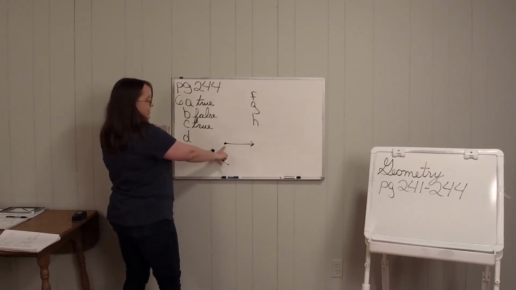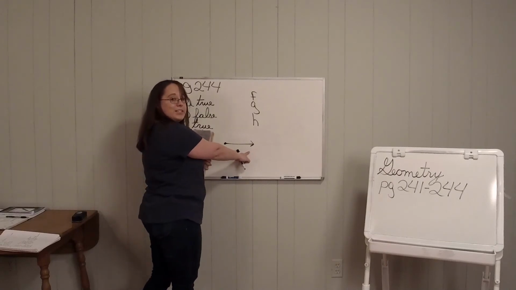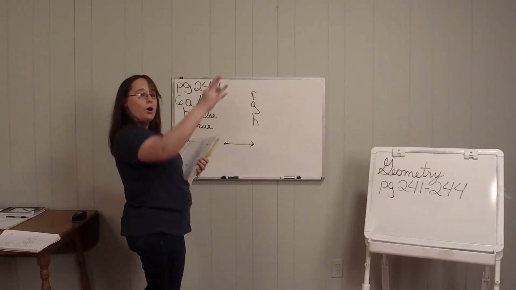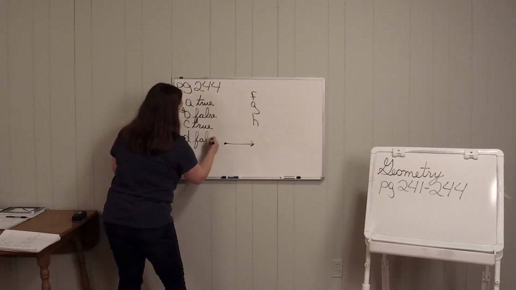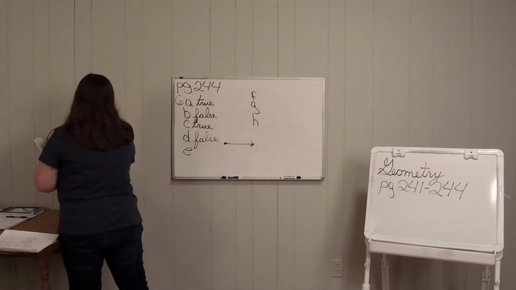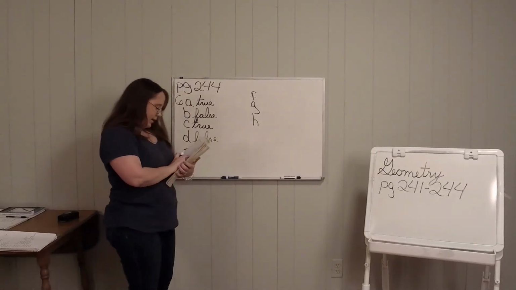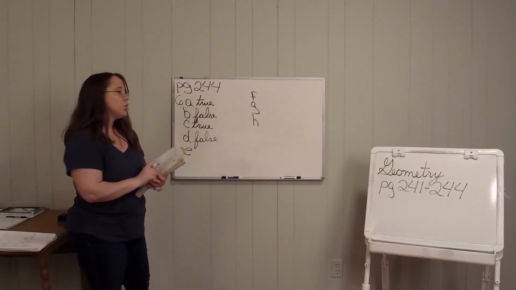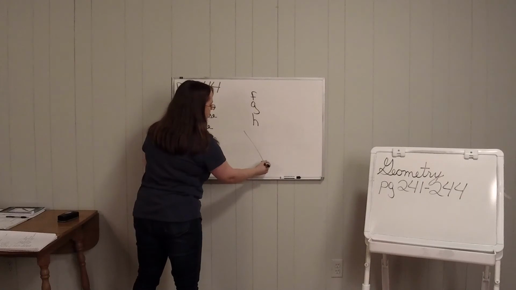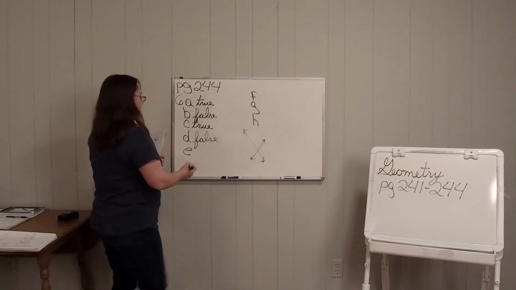It has a beginning, but does it have a definite ending? No, a ray keeps going on and on and on. E, straight lines intersect at only one point. True. Remember when I did the lines like this? They're only going to intersect at one point.